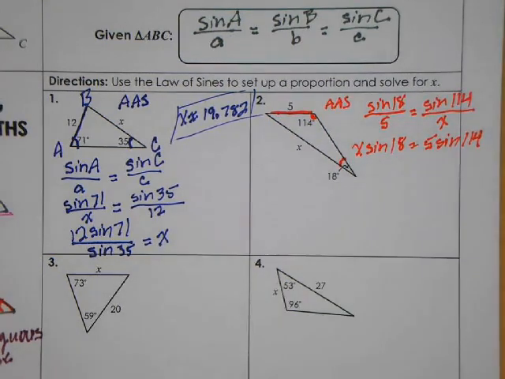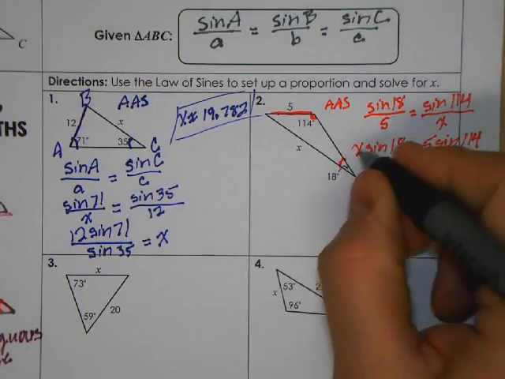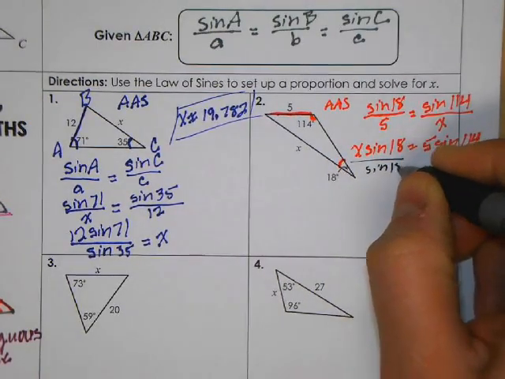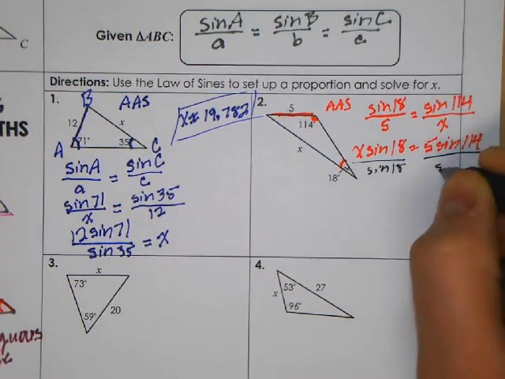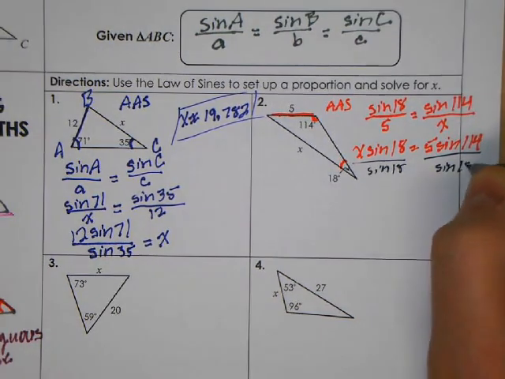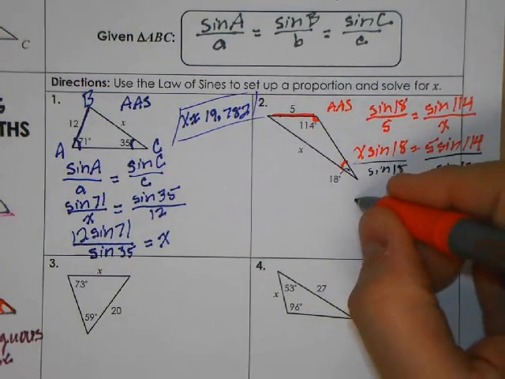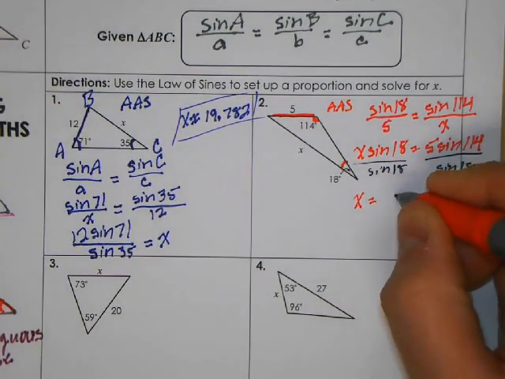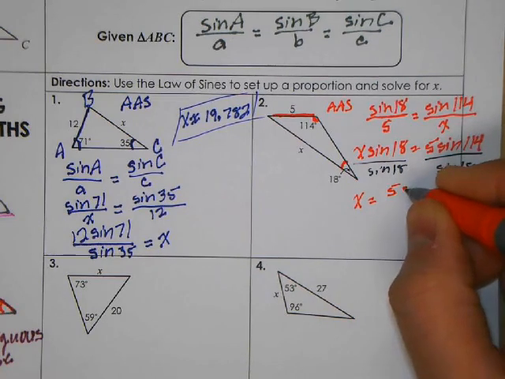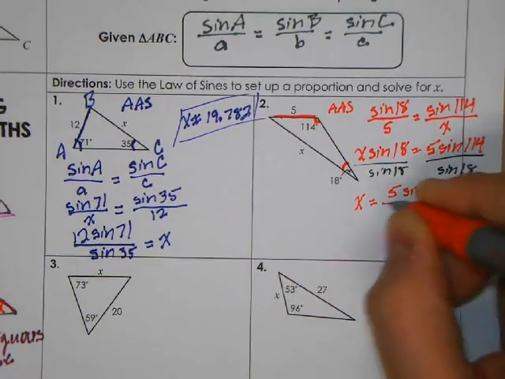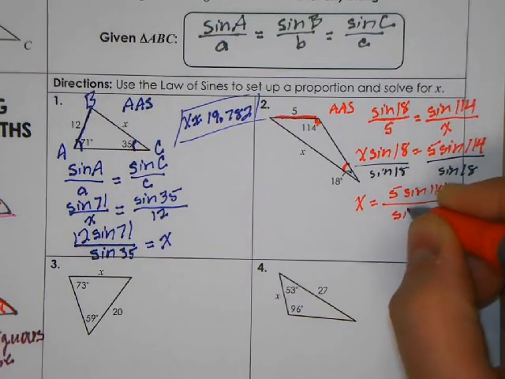And to get x by itself, at this point, we will divide both sides by the sine of 18, which will result in x being equal to 5 times the sine of 114 divided by the sine of 18.